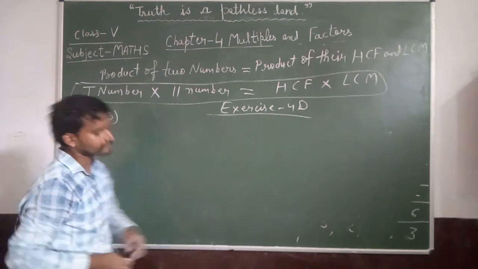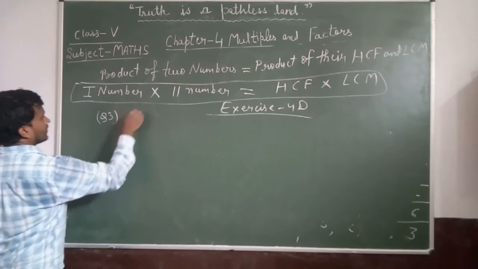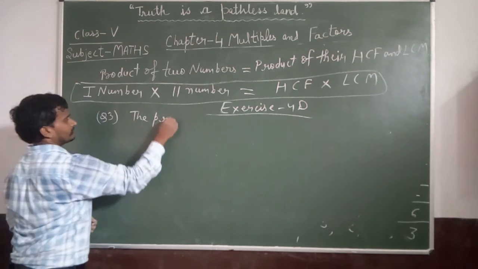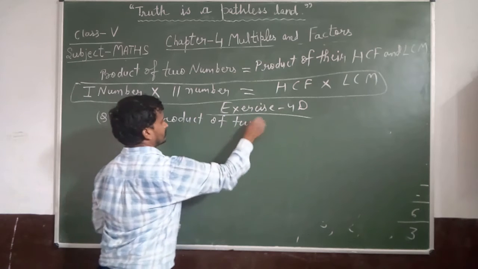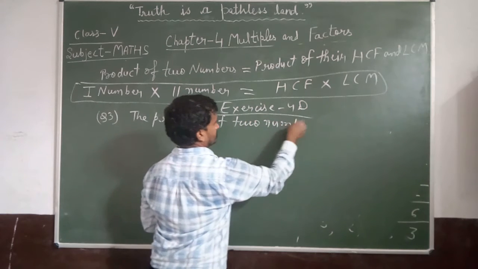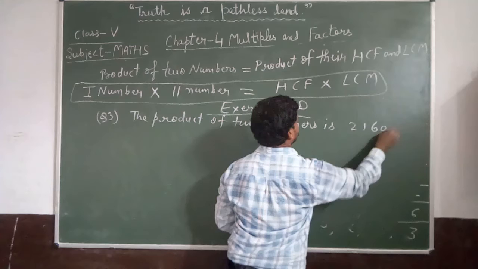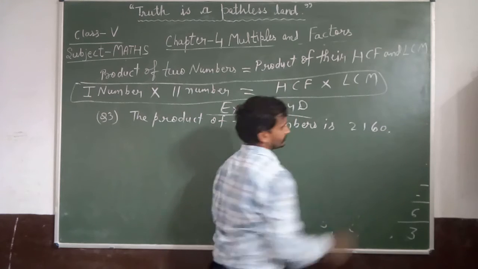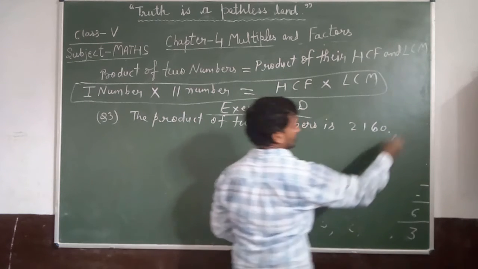Question is, the product of two numbers is 2160.